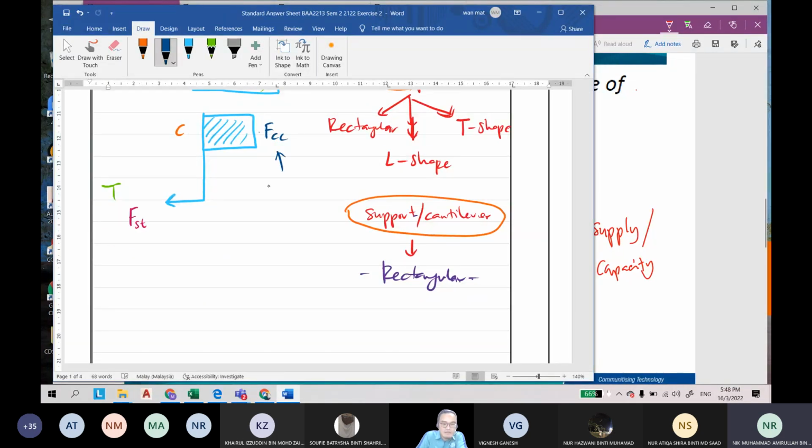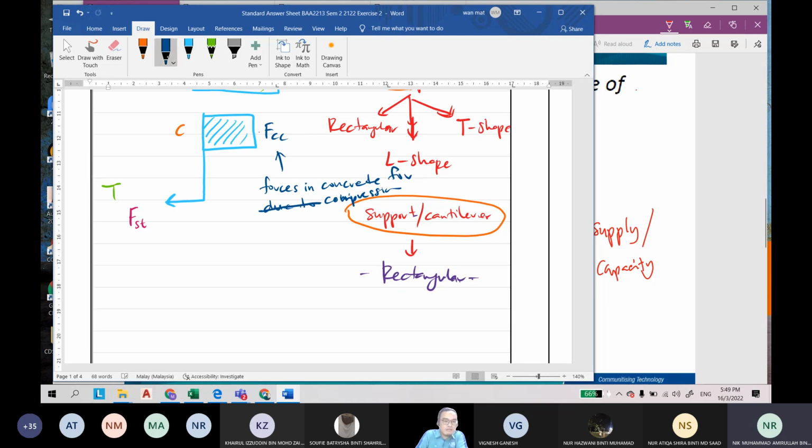FCC means the forces in concrete, to cater for compression.